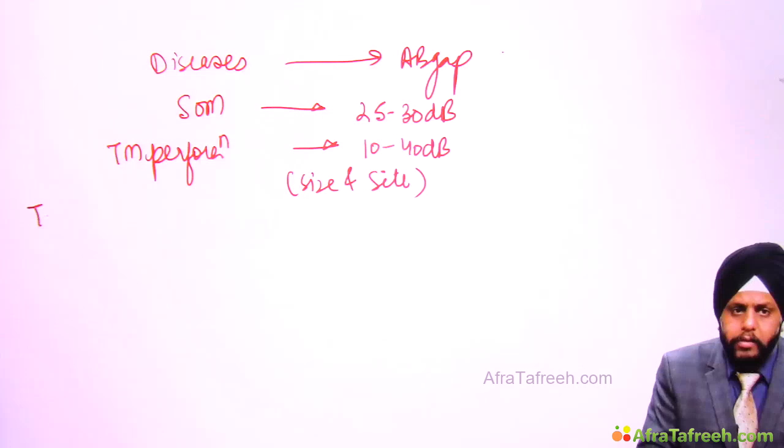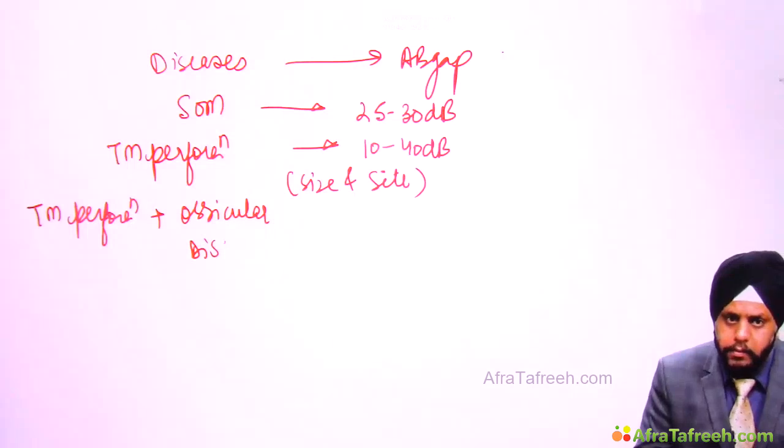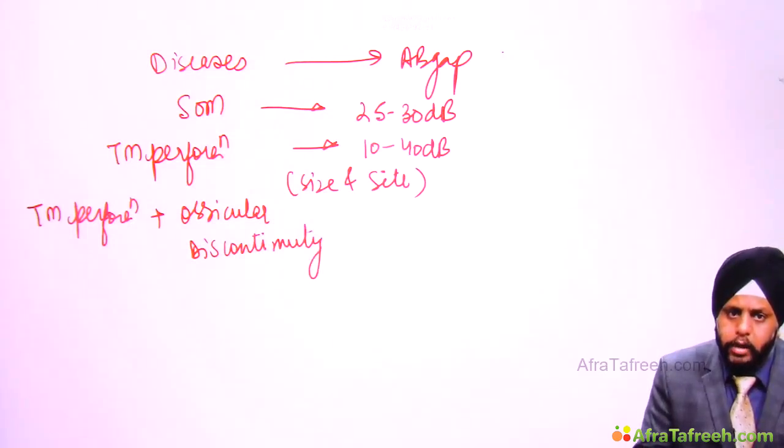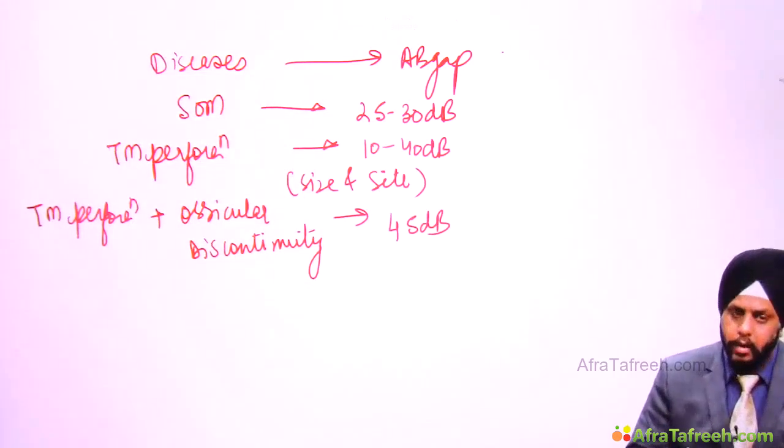Okay, now if this tympanic membrane perforation is associated with ossicular discontinuity, then this conductive hearing loss will be at least 45 decibels, right?